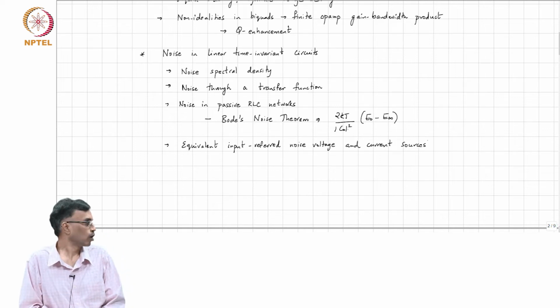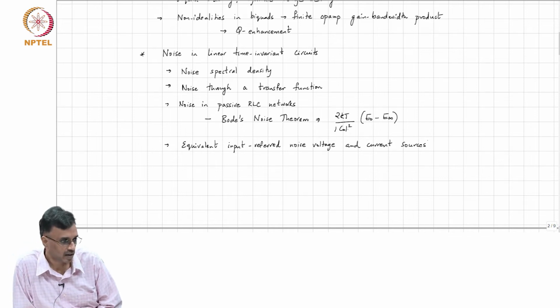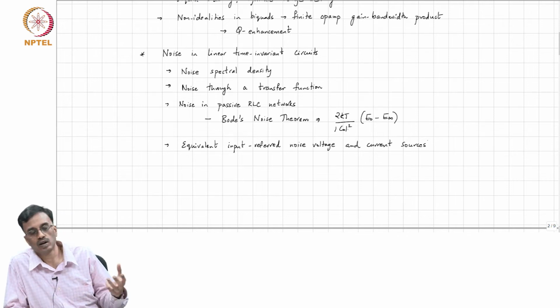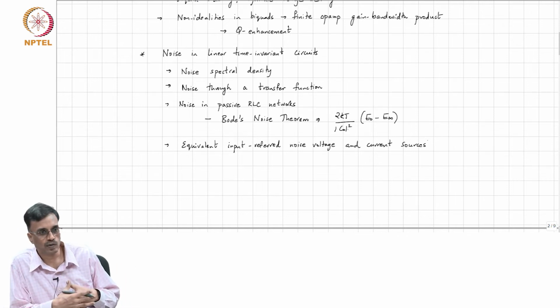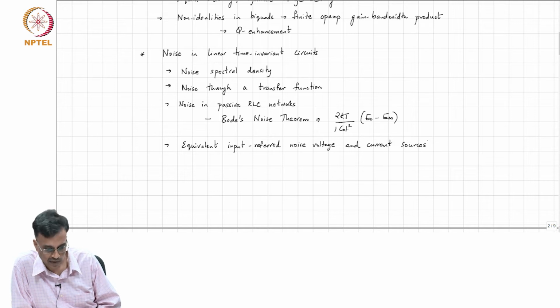In other words, if you have a complicated network with a lot of noise sources, as far as the behavior with respect to the ports is concerned, you can combine all those noise sources inside, there could be any number of them, into one equivalent input noise voltage source and another noise current source. And we saw how to calculate those voltage and current sources, and in general the noise voltage and the noise current source will be correlated.